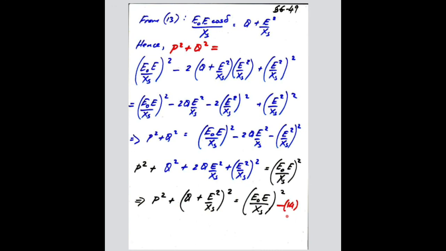That's equation 14, which is telling you that it's a circle with a center coordinate, where the P coordinate is 0, but the Q coordinate is minus E squared over XS, and the radius of this circle is E naught times E over XS, right?